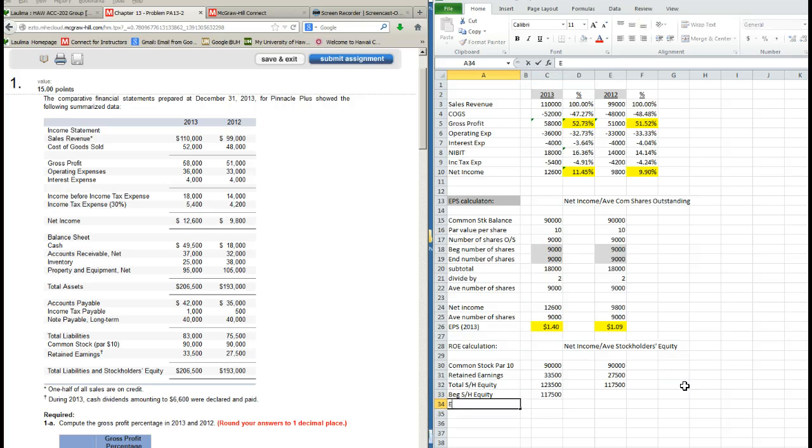And the ending stockholders equity for 2013 is the amount up above, the 123.5. And we add those two together, get a subtotal.